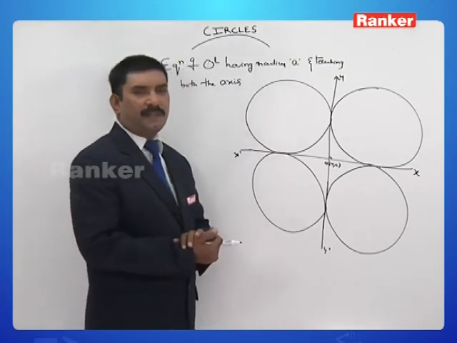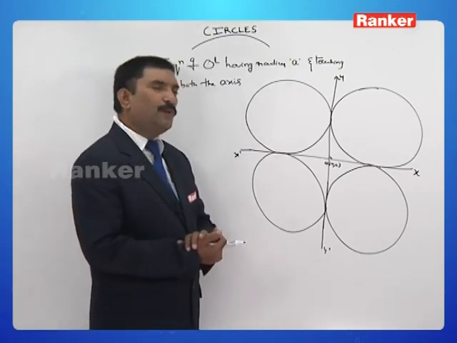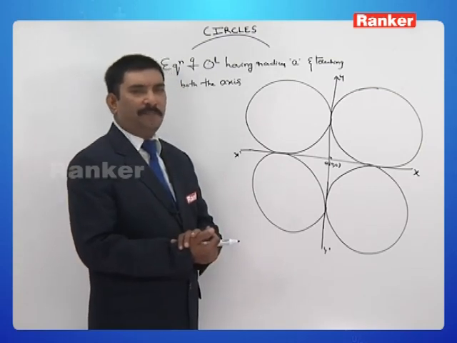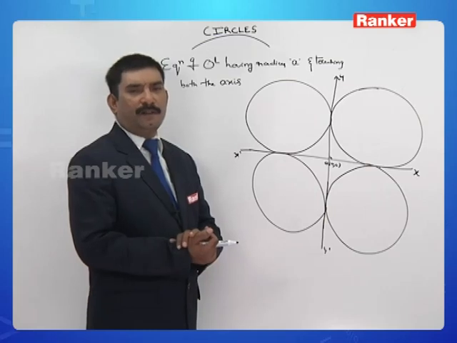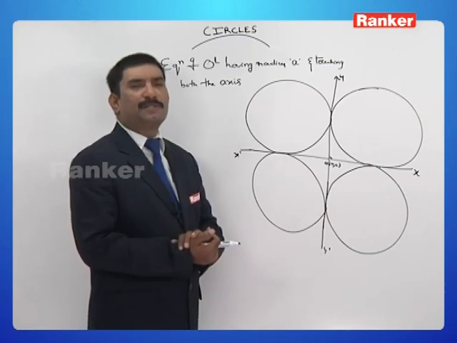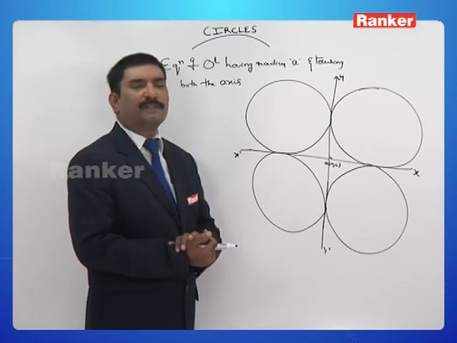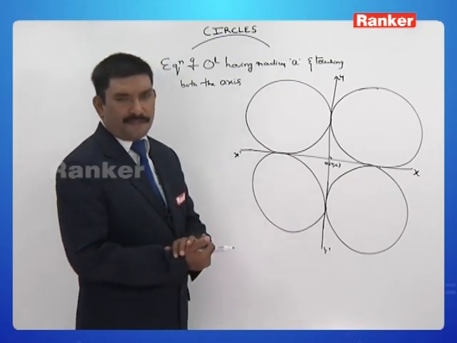Try to understand. The area of the quadrilateral formed by the lines joining the centers of the four circles when they are touching both the axes.